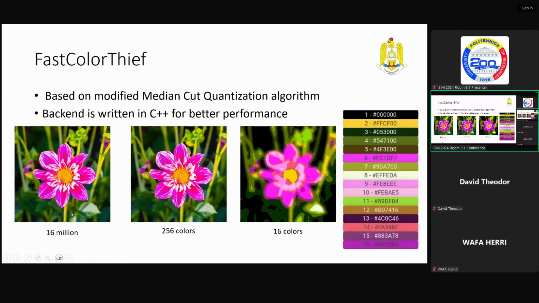Here, a more suggestive explanation: from 16 million colors in the original image, we in the end have only 16 clusters of colors that are mentioned here, using the average process.